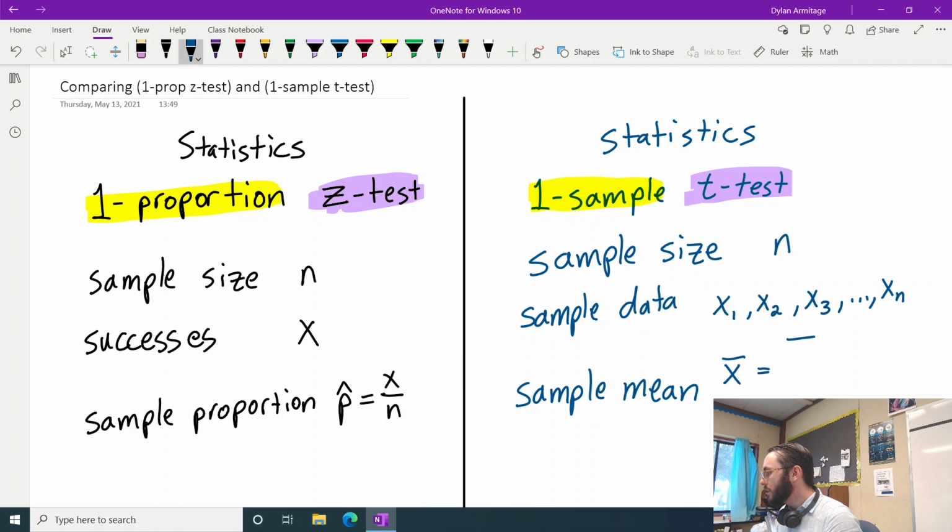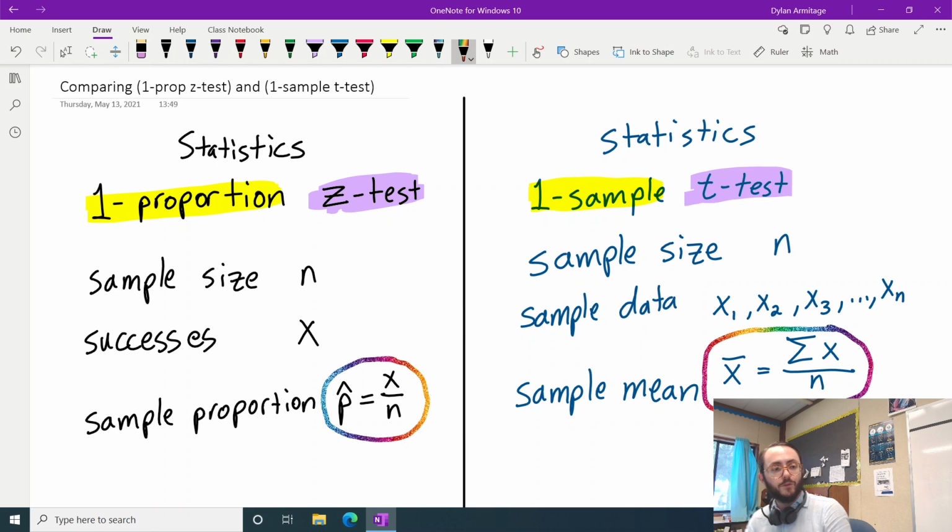Okay. Add up, so sum all of the values of x and divide by n. So these are really what we are looking at. These two statistics are what we are testing.